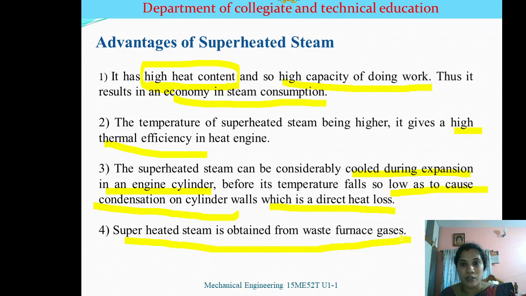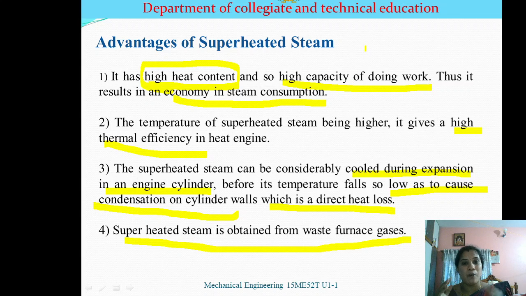So there is no necessity for any special equipment to produce superheated steam, hence we can save money. These are the advantages of superheated steam, and there are many more. We know that superheated steam is completely in vapor form, hence its density will be lesser than the liquid, so it will be lighter in weight and can be easily handled.